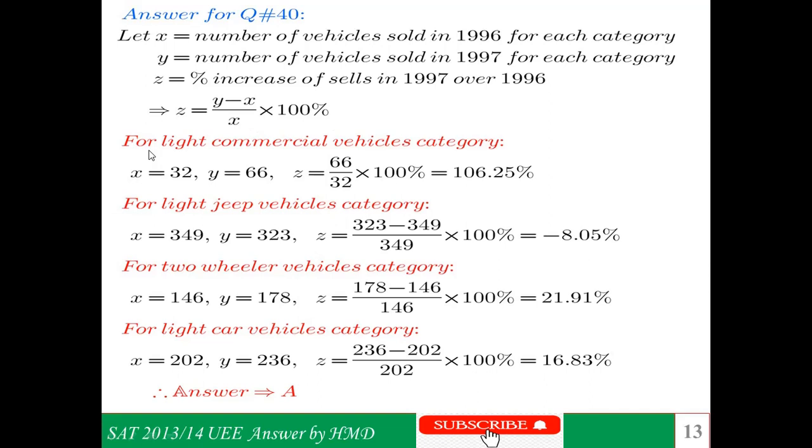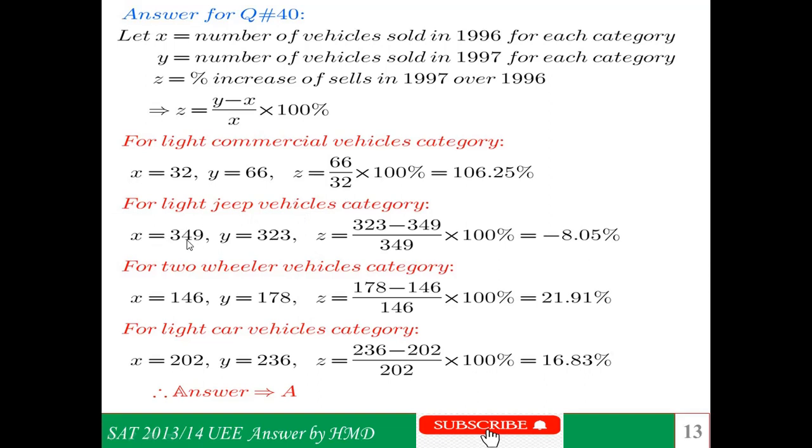So for the light commercial vehicles category, X becomes 32, Y becomes 66, and therefore the percentage increase in sale becomes (66 minus 32) over 32 times 100%, and it becomes 106.25%, right?